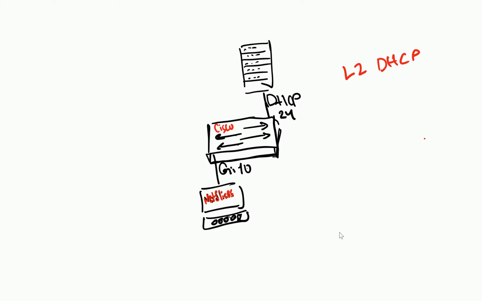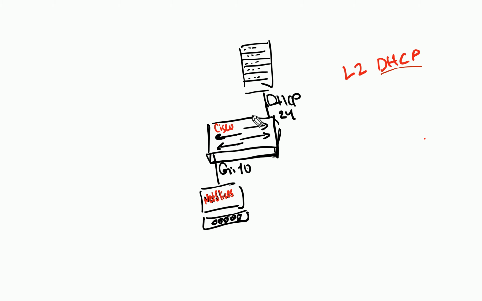In the previous video, we talked about DHCP in general, and we configured a Cisco switch with two ports, one of them connected to a PC and the other connected to a DHCP server, and that DHCP server sent an IP address to that PC upon its discovery request, and there were 4 packets.